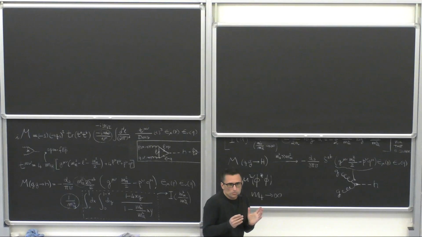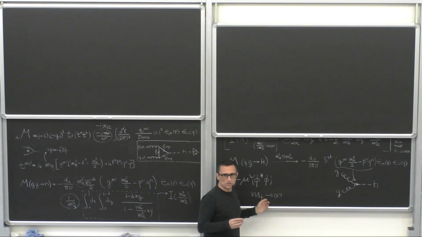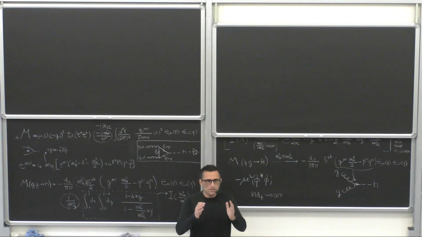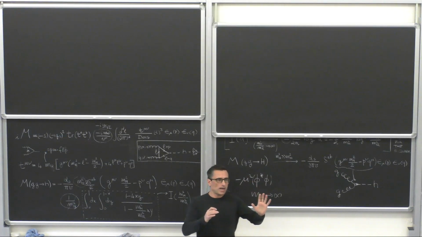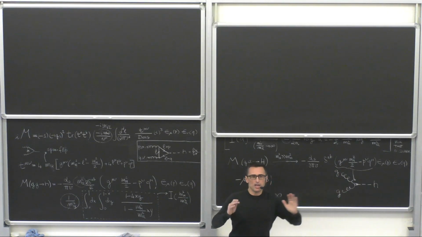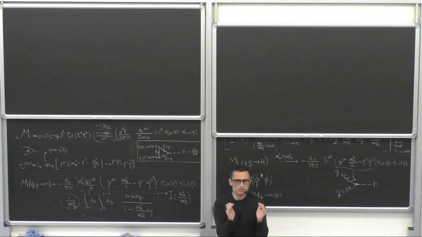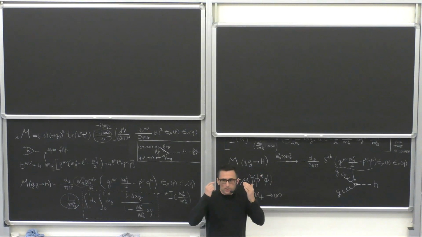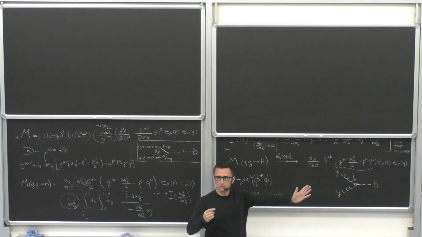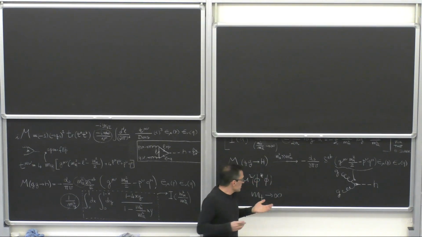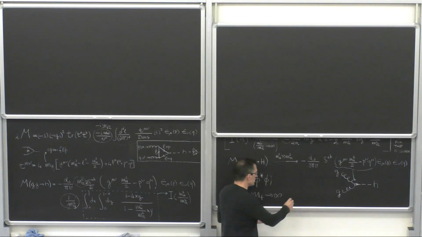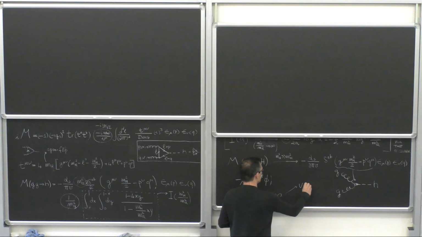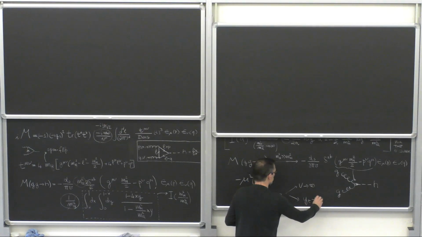So that's not what we meant when we say that we want to send the top to infinity. What we would like to do in our mind is that since the top is much heavier, I keep sending it higher and then I leave everything else there. So I cannot touch v. I didn't want to touch v in my mind when I say the top decouples. So what is the other way? Either you send v to infinity or you send y_t to infinity.